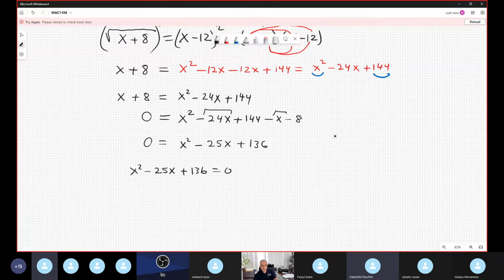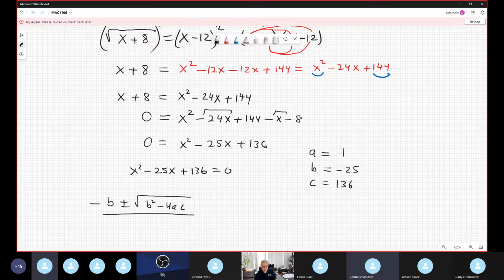I know how. So I identify that it is a quadratic with a, b, c. a is 1, b is negative 25, and c is 136 positive. I'm plugging into the quadratic formula. I always copy my quadratic formula first.